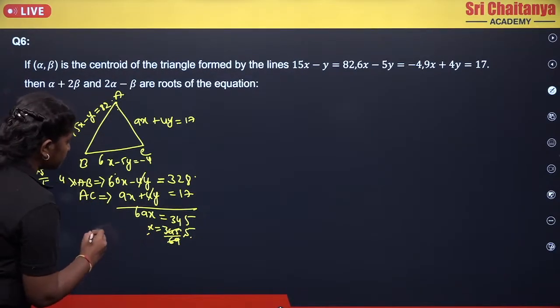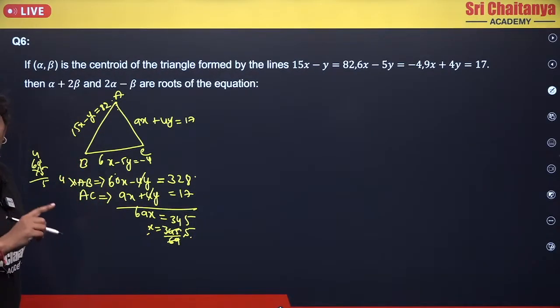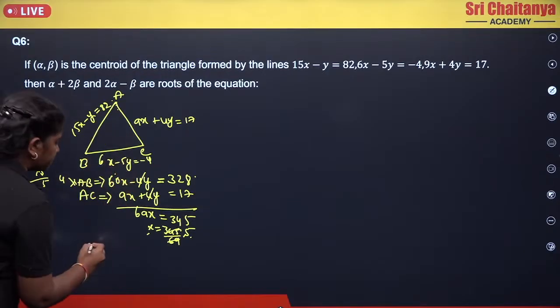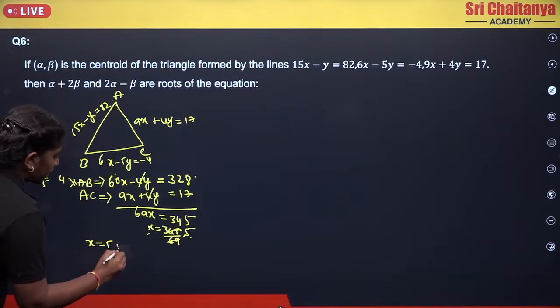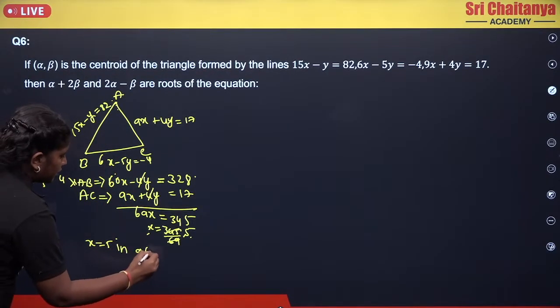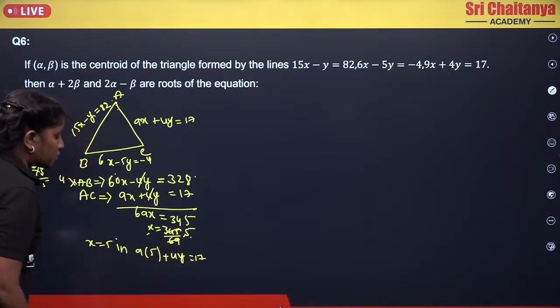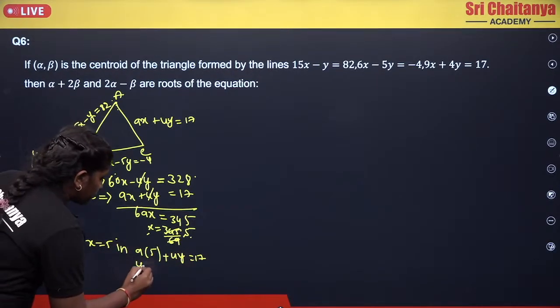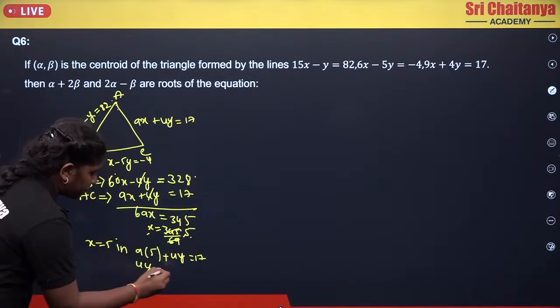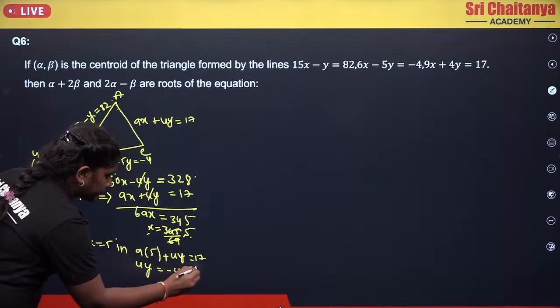What about the y value? In order to find the y value, we can place the x value in any of the sides. So x equals 5 in 9 into 5 plus 4y equals 17. Now it becomes 4y equals minus 45 plus 17.